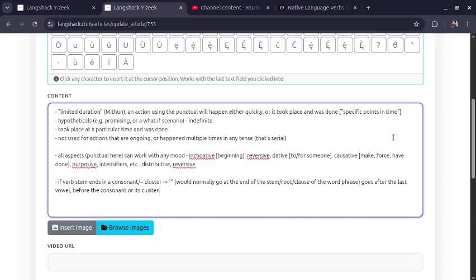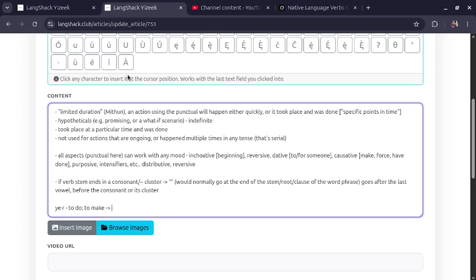Okay, so the example given for this was the verb yer, and yer means to do, also to make, I'm pretty sure.